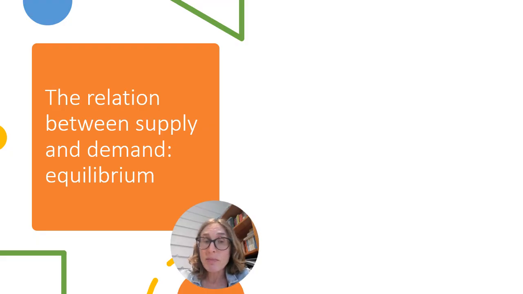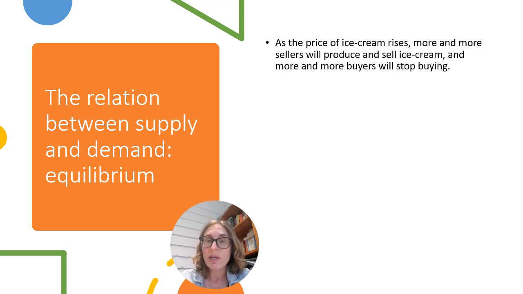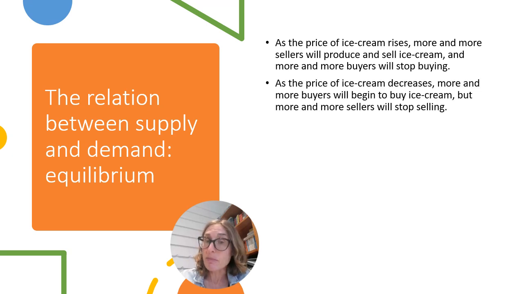Let's touch on the relation between supply and demand and the concept of equilibrium now. As the price of ice cream rises, more and more sellers will produce and sell ice cream, and more buyers will stop buying. As the price of ice cream decreases, more and more buyers will begin to buy ice cream.